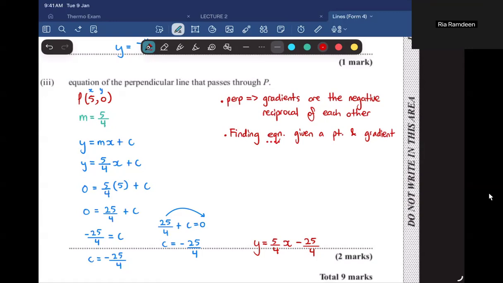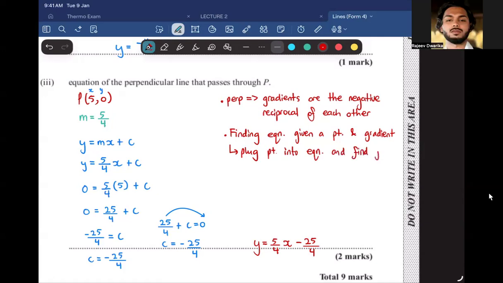To plug the point into the equation, right? Plug in the point and solve for C, and then your last step, write your final answer.